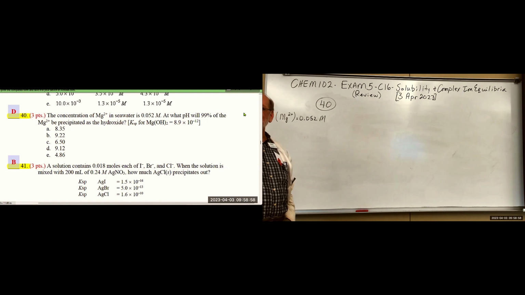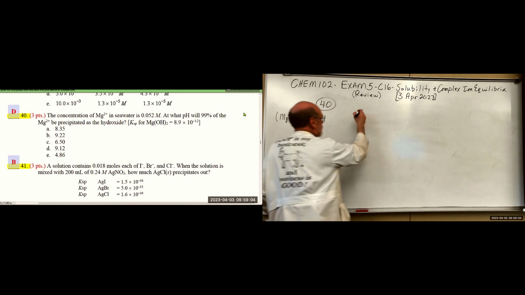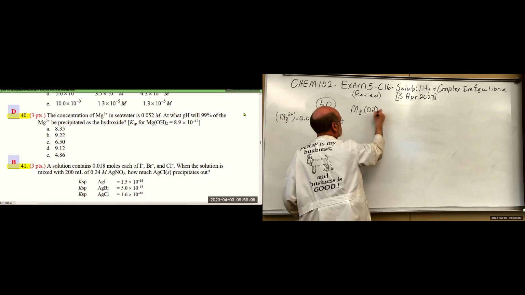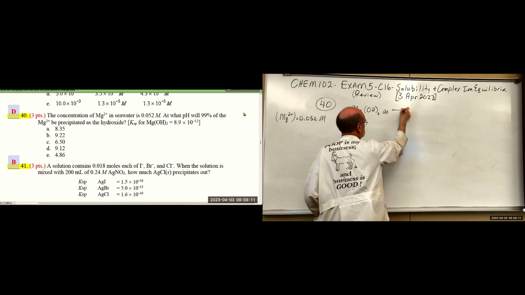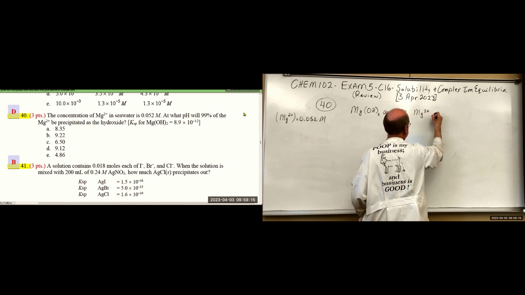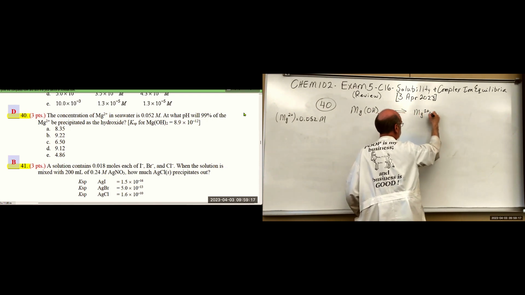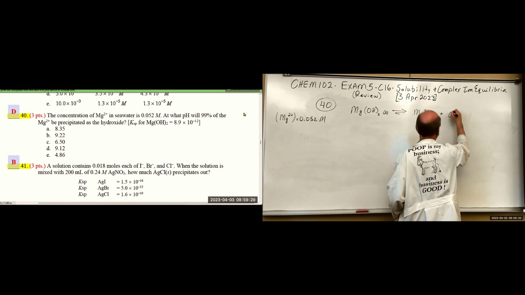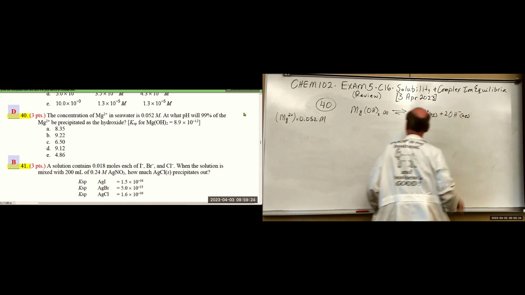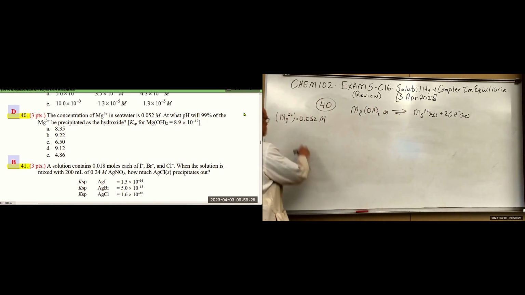At what pH will 99% of the magnesium be precipitated? That's hydroxide. Okay, so they're saying it's precipitated as hydroxide. That means this is the equation we're dealing with. Hydroxide. We want 99% of that.